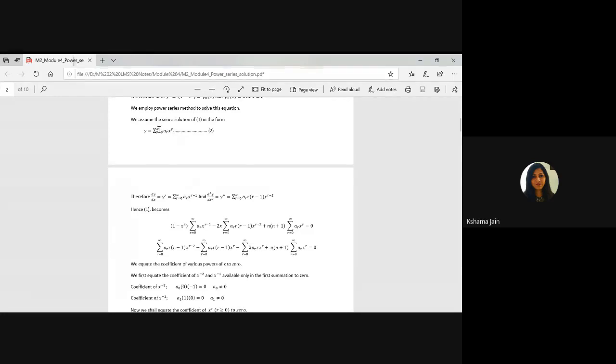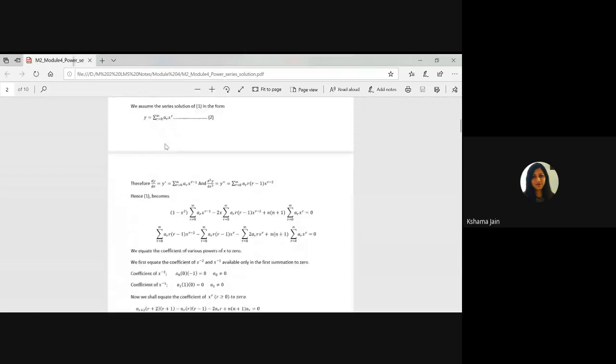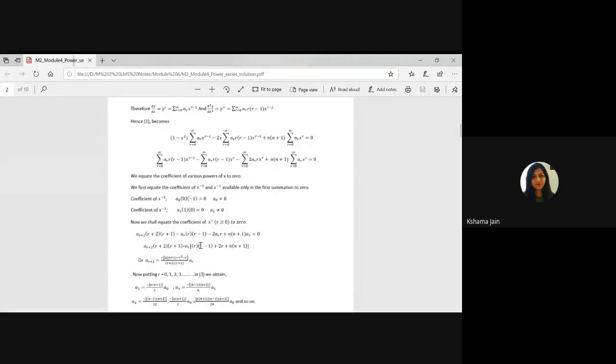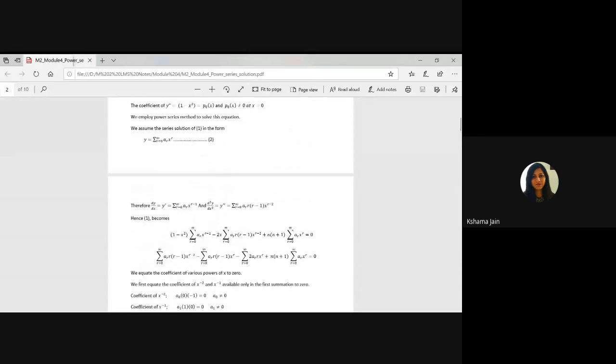In that series we will put the values of a0, a1, a2, a3, a4 and we will get our solution. So this is the power series solution of Lagrange's differential equation. Very important, definitely will come in your exam. Any doubt, any step you didn't get, please ask.